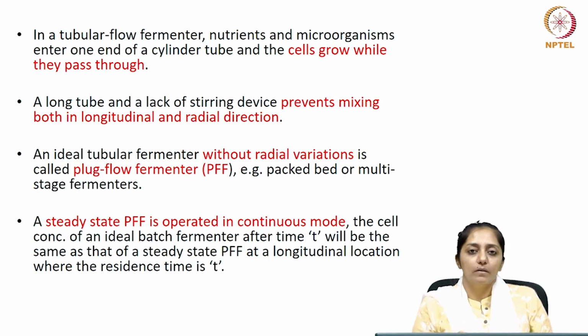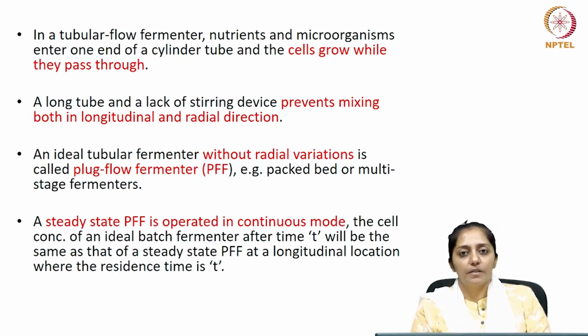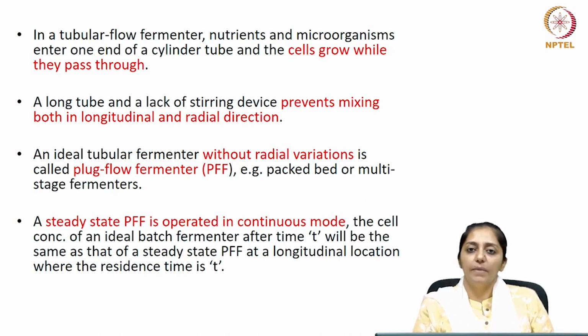When there are continuous reactors combined, then also the kinetics can be equated to a plug flow fermenter type. A steady state plug flow fermenter is operated in continuous mode, which means that continuously the broth is coming inside with the starter culture and there is a broth leaving the other end with the grown culture.